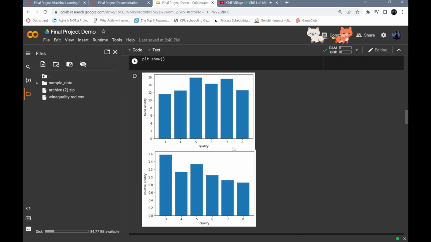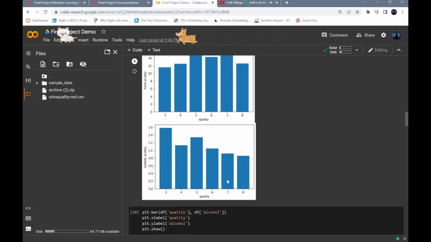We have our quality here ranging from 3 to 8, 3 being the least or bad quality and 8 being the highest quality. And we have the highest quality if the fixed acidity is between 12 and 14, so like 13. And our volatile acidity, the quality is high if the acidity is between 0.8 and 1.0.